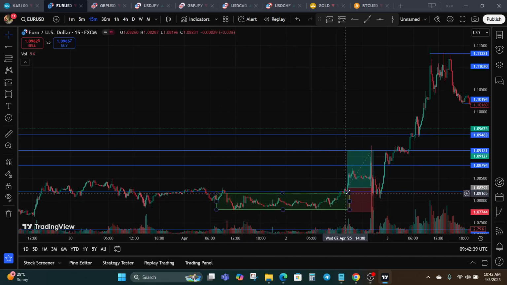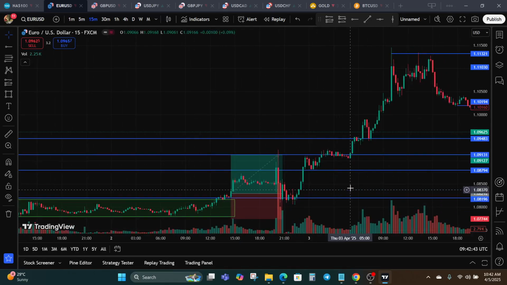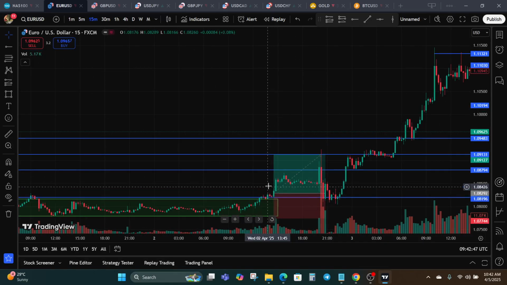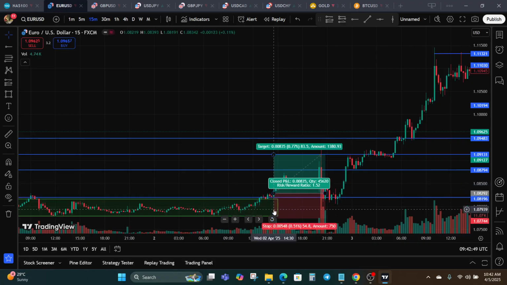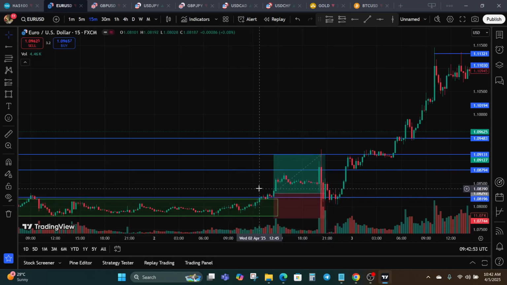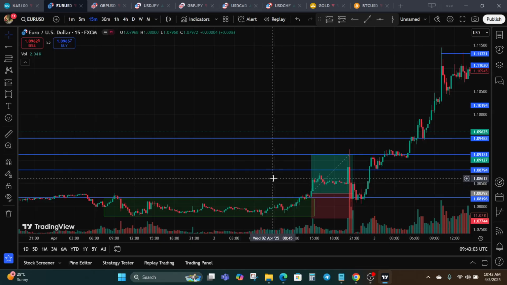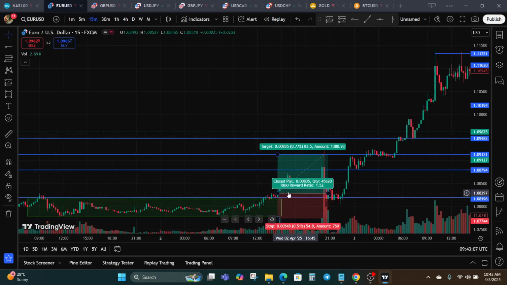Then you watch out for a breakout candle with a clean close and possible volume spike. Make sure that the candle closes above the resistance for a buy or below the support for a sell. You must have that candle close to validate the breakout. And then you look for confirmation.